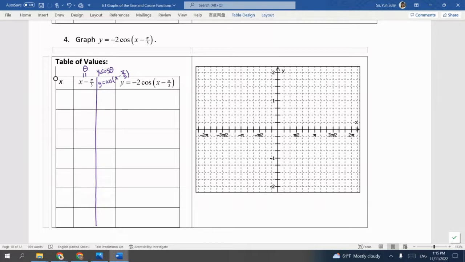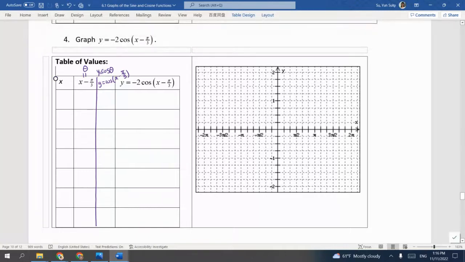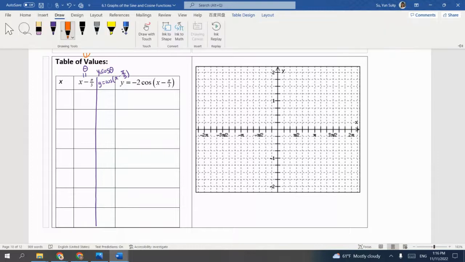And then the last column is the function we're looking for. So 4 columns on your table. And step 1, you look at the theta column. I also write down the steps so you know the order. So step 1, fill out the theta column.